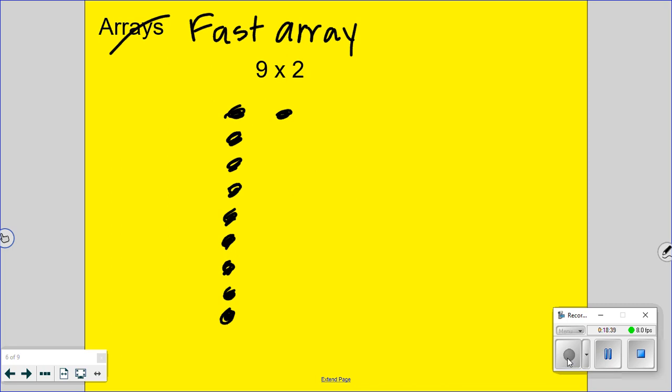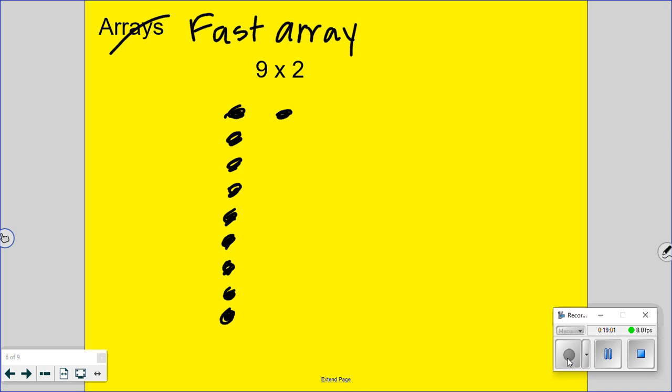Also, with really big numbers, it's easy to lose track and have to start all over. So this next strategy we learned was really helpful for those bigger multiplication facts that are hard to skip count and would take 8,000 dots.